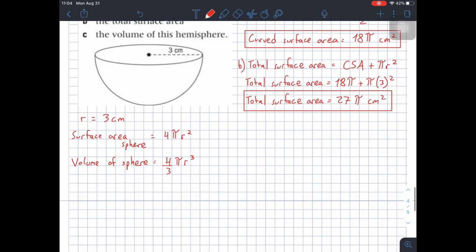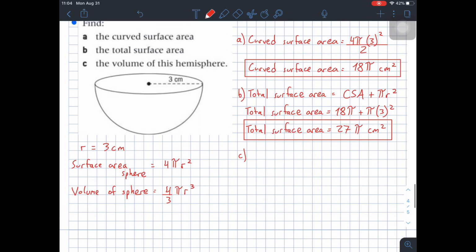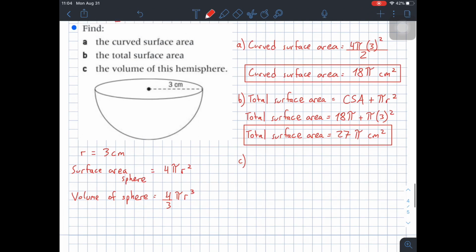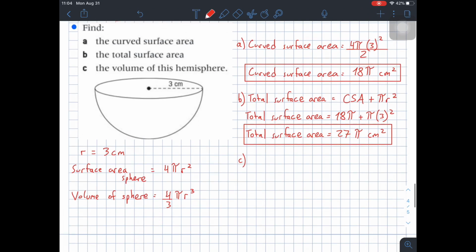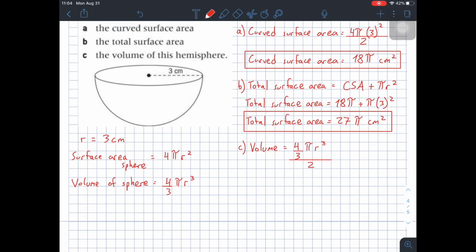Finally, for part C, it says that I want to find the volume of this hemisphere. So the volume of the hemisphere would be half of the volume of the sphere, right? So it's 4/3 pi r cubed, all divided by 2 because we're cutting the sphere in half.